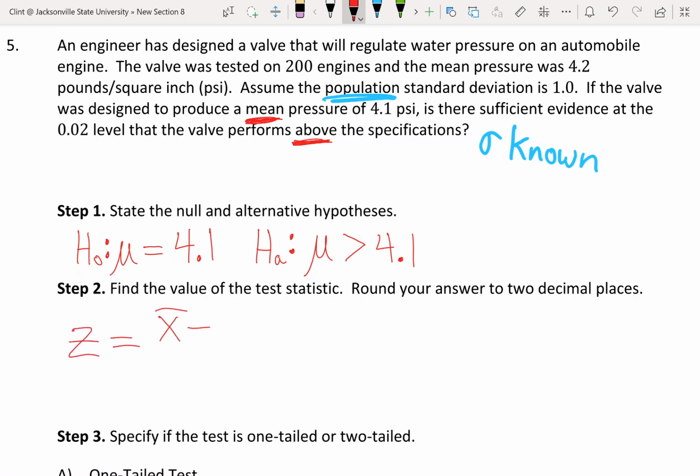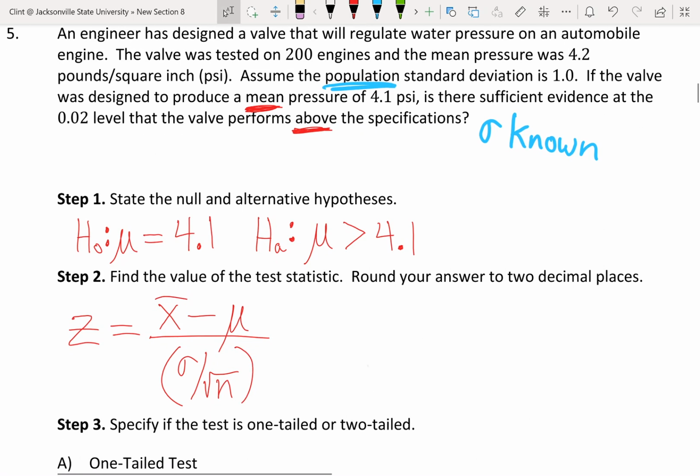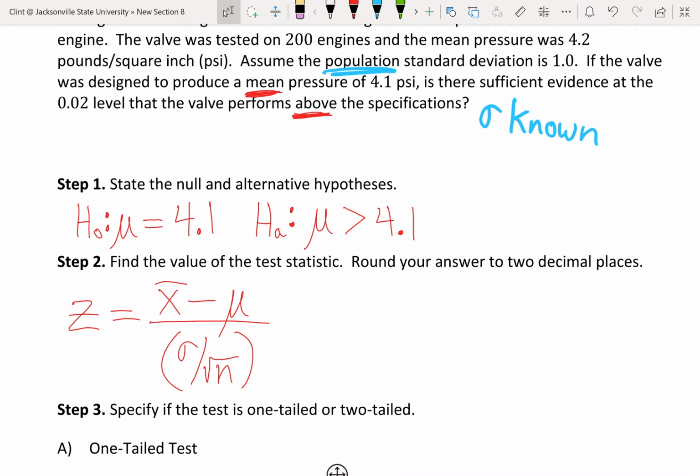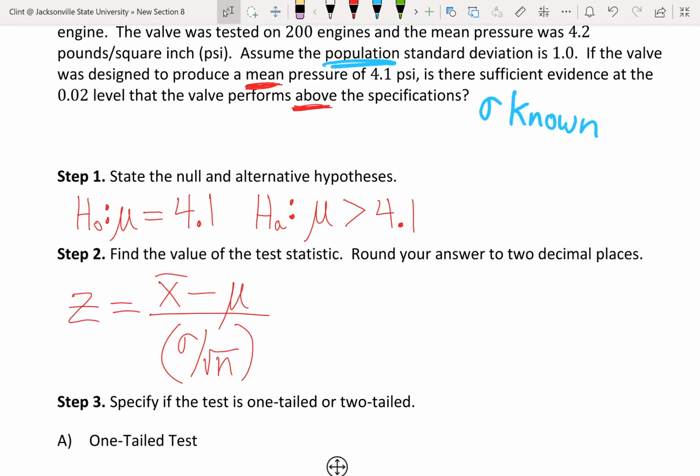In our formula, Z when we're dealing with means is this. We really don't need that first sentence, so I'll scroll up a little bit more. Okay, so we already know one of the numbers, because we've got the hypotheses, we know that for mu, we're going to use 4.1.